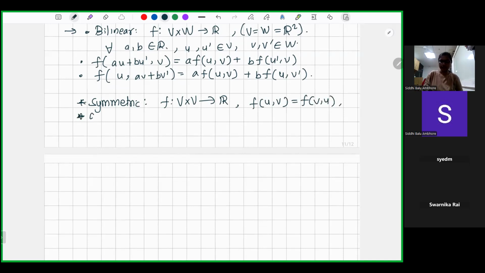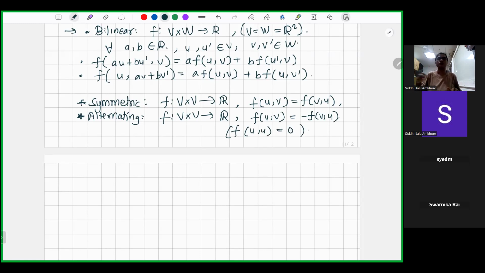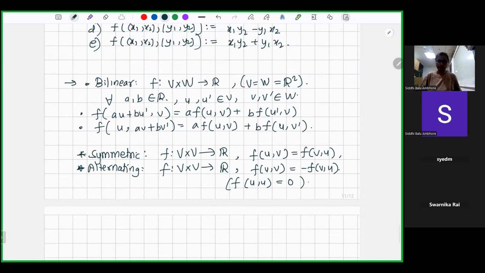And for alternating, f is again from the Cartesian product of two same vector spaces, and it is f of (u, v) is minus of f of (v, u). Kind of skew symmetric thing. And in here, f of (u, u) must be 0, the way f is defined.